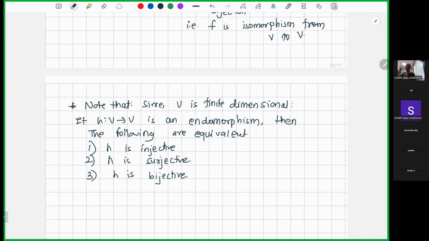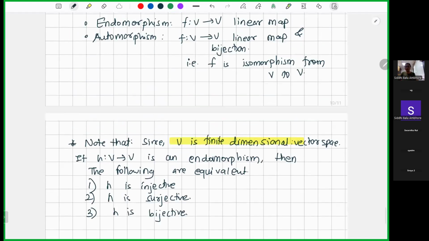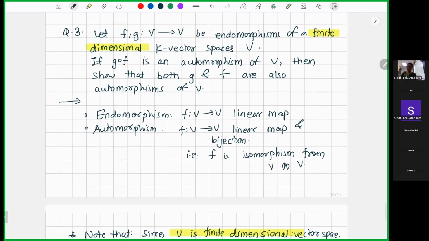This is because it's a finite dimensional vector space. This is not true for any dimension. So I want to prove that G and F are automorphisms.